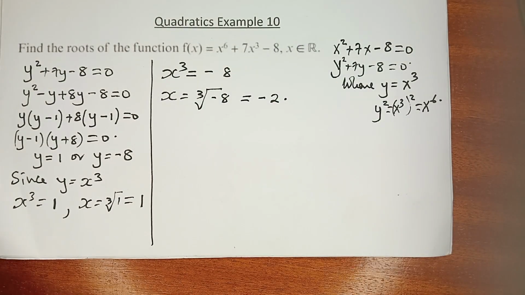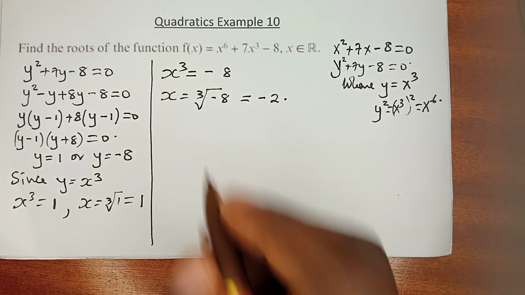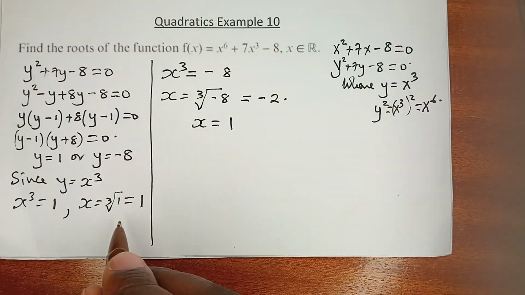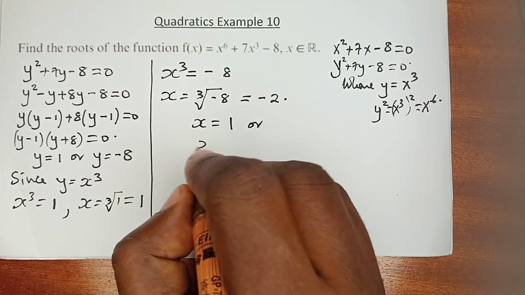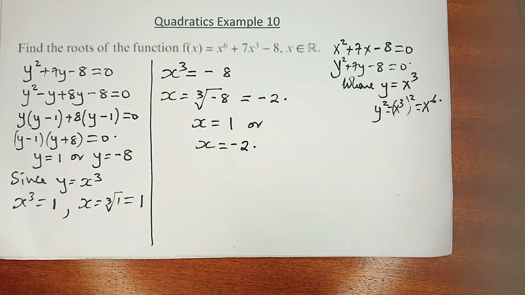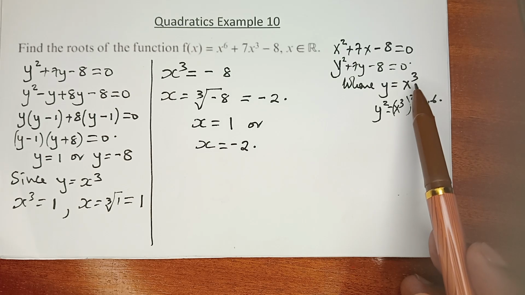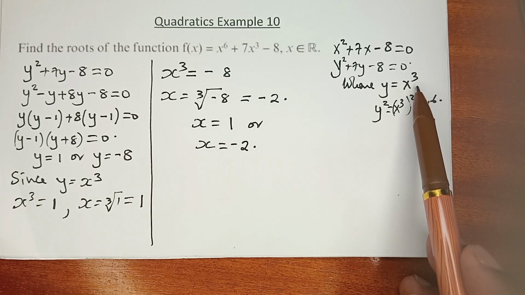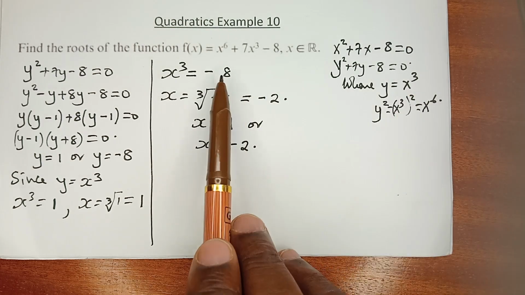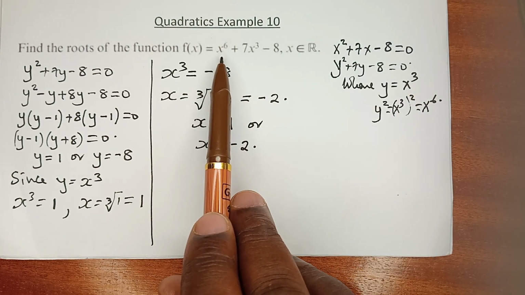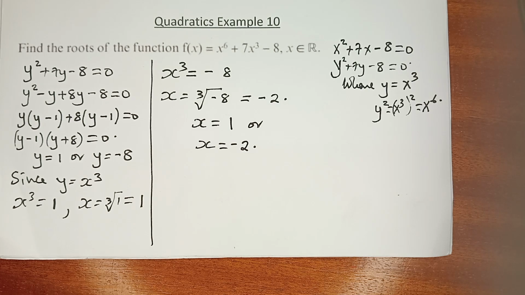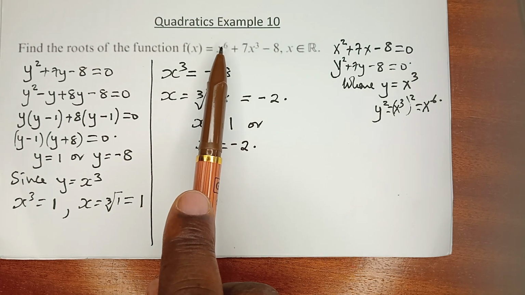So, by all means, we are saying that x is equals to 1, as we can see here, or x is equals to -2. Remember, we have played with the laws of indices, and we have substituted y to be equals to x cubed, because so far we don't know how to work with equations whose indices is greater than 2, and we had to maintain that index, which is x raised to power 2.